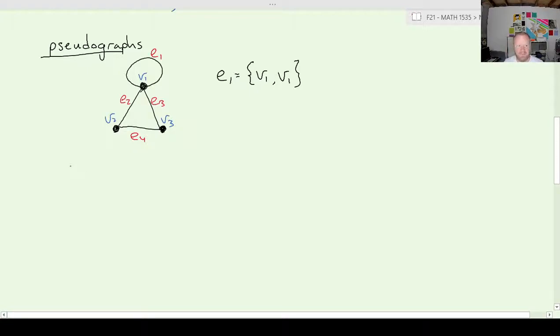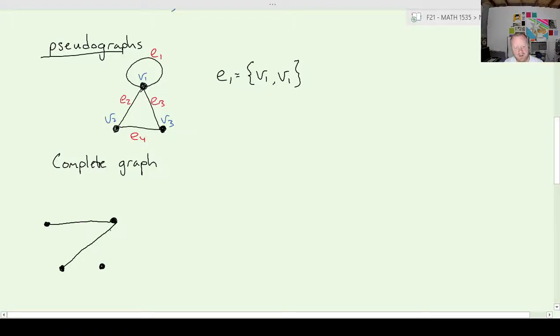Another type of graph would be a complete graph. I'll give you an example of a complete graph. This is a complete graph.